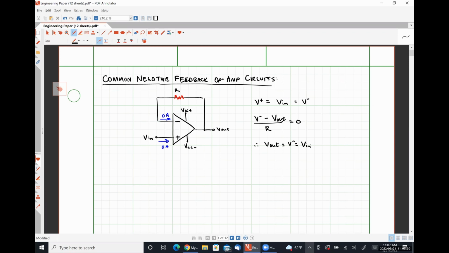So this is an example of a unity gain buffer amplifier, okay, where our voltage gain, AVCL, is the ratio of Vout divided by Vin, which is exactly equal to 1.